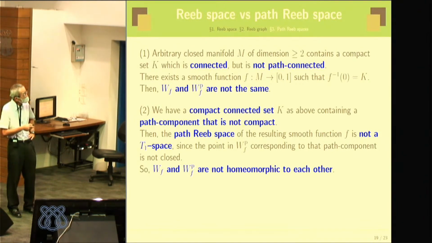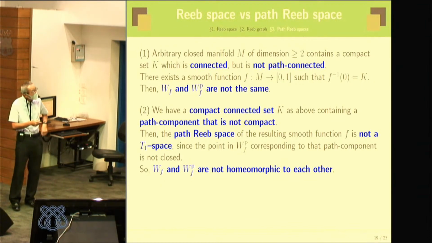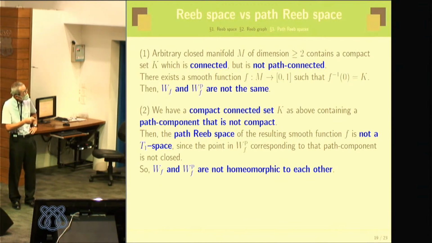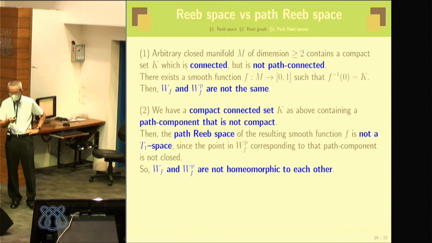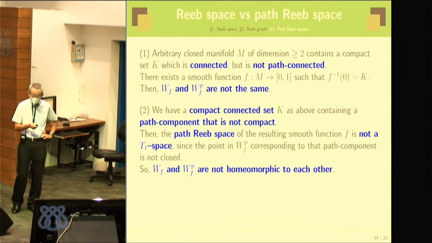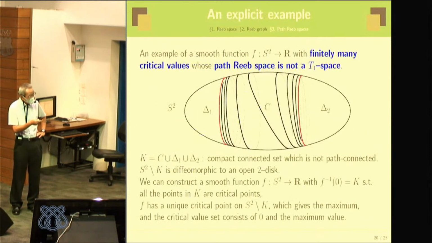And in this case, the path Reeb space of the resulting smooth function is not a T1 space, because the corresponding path component is not closed. So in this case, W_F is T1, but W_F^P is not. So they are, of course, topologically distinct. So the path Reeb space and the Reeb space are not homeomorphic to each other in general.